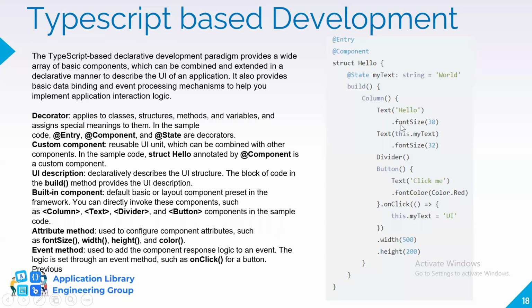For example, for text, font size is set in this way. So attributes can be set using the built-in functions. And one more observation is some events are defined, like for this button, onClick event is attached to it using a function. So the general syntax of an ETS app will be similar to this.